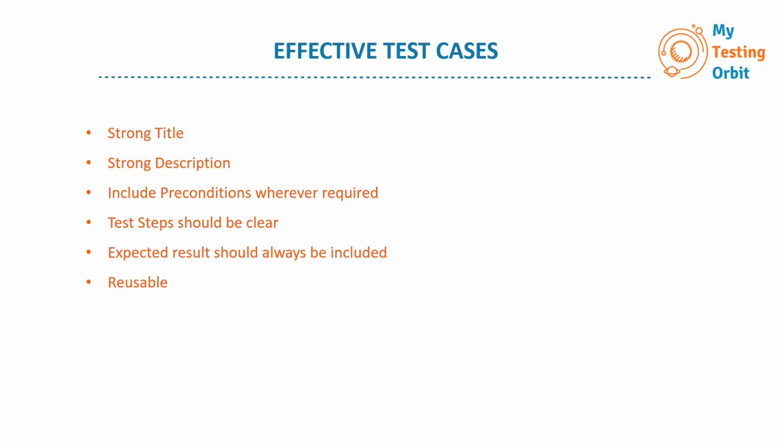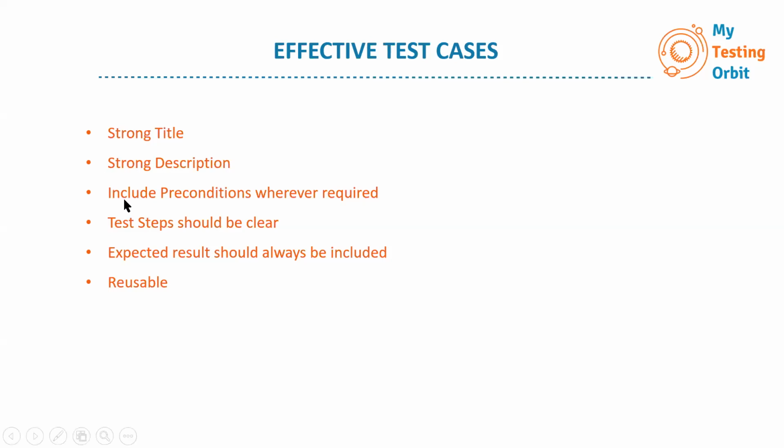If you don't have a separate test data field, then you can definitely write your test data here. And even if you don't have a separate field for preconditions, then you can also write preconditions in the description field. So it depends on how you are using it. Its main purpose is that it should be easy to read, and it should be able to communicate the high level goal of your test.